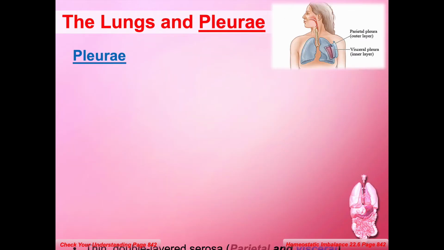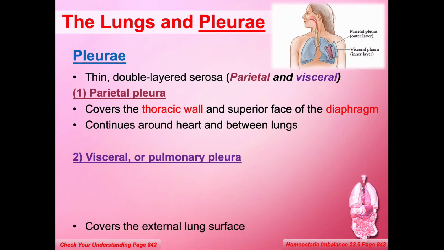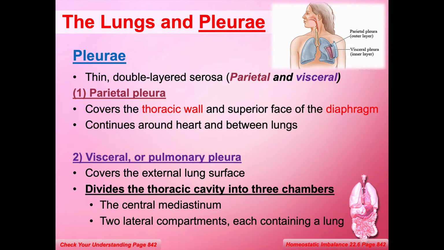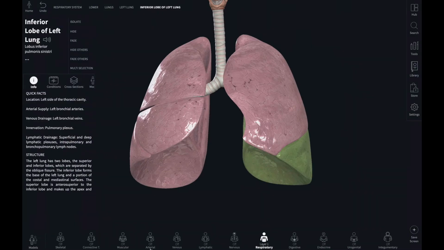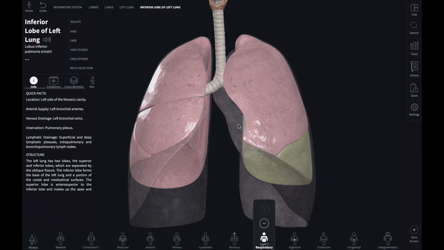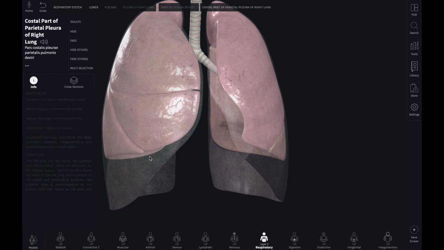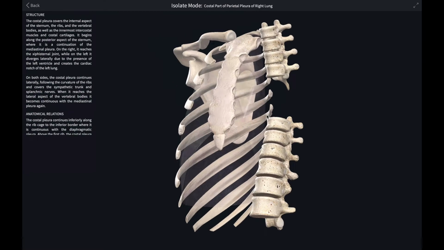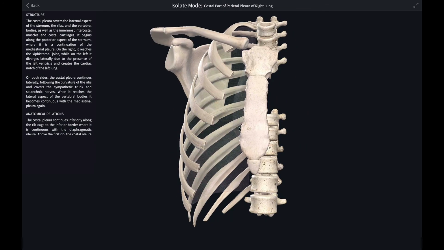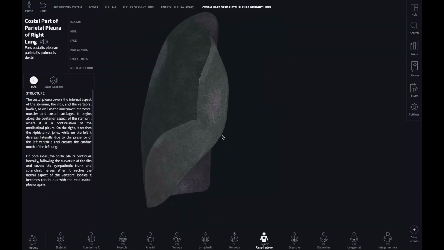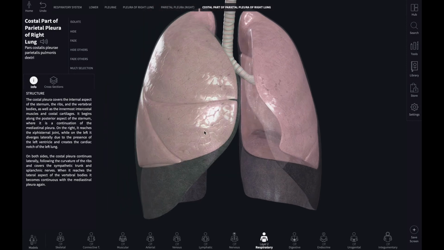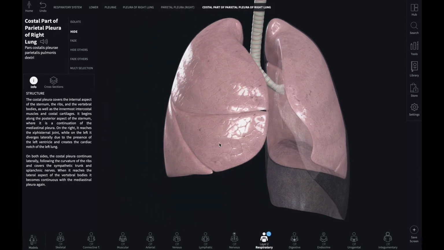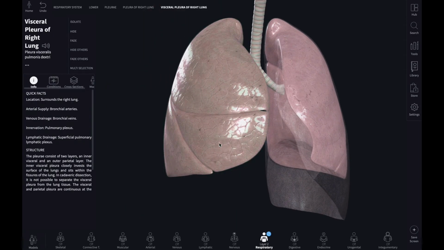Coming to the pleura, you have two layers of pleura, the parietal pleura and the visceral pleura. If you see here, I'll show you. This is the parietal pleura, and when you remove the parietal pleura, this is the visceral pleura.